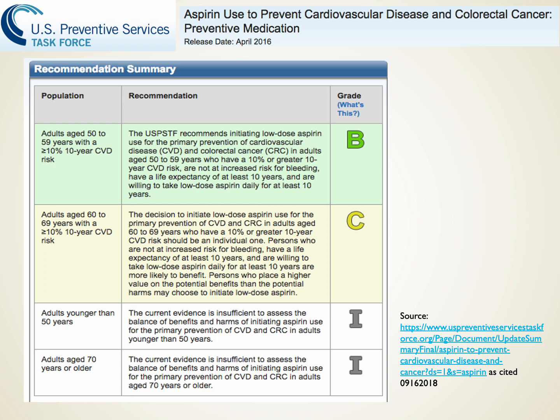What they recommended in April of 2016 also was that for patients younger than 50 or older than 70, the data was not yet strong enough for us to recommend either routine or avoiding aspirin in either of these two populations. Again, these are all patients who have not had an MI, they've not had a stroke, but they may be at risk for that.